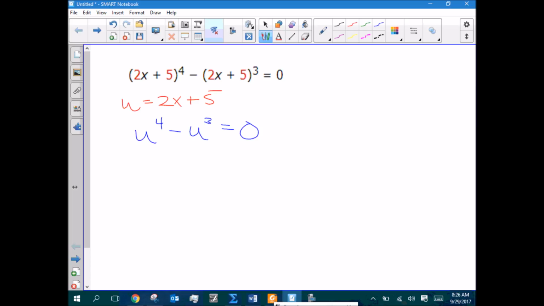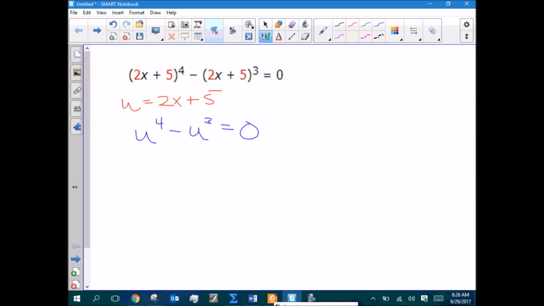Whenever you want to, throughout the entire year, throughout your entire high school, college, mathematical career, whenever you want to make a substitution that makes the problem easier, you can do that, as long as eventually you come back and back substitute. Makes sense? We do this all the time. It just makes things a little bit more convenient to work with.